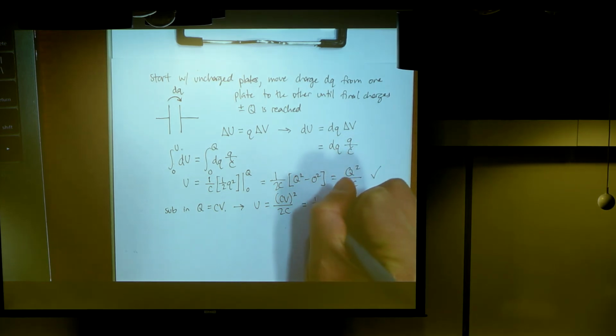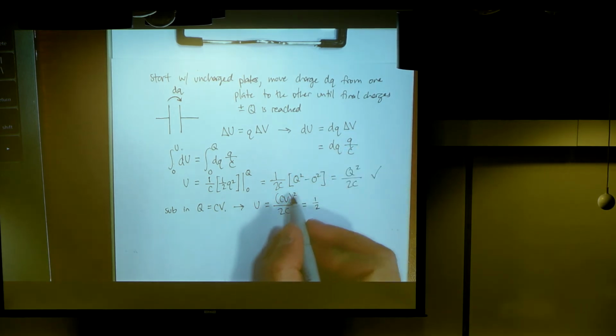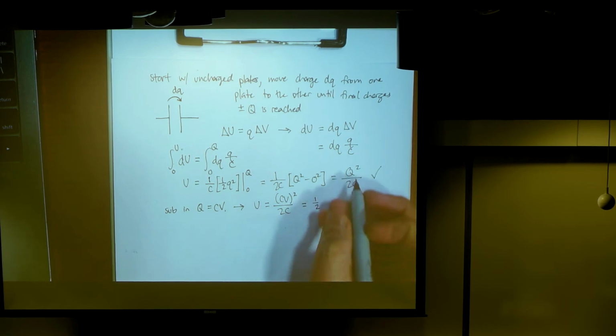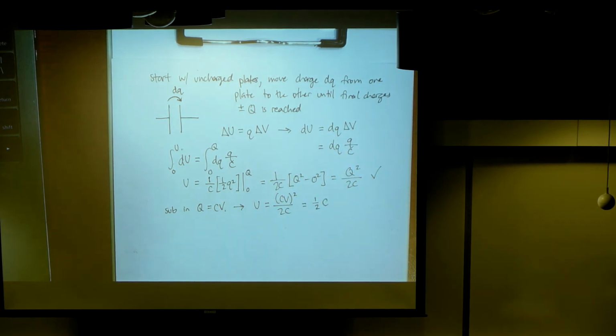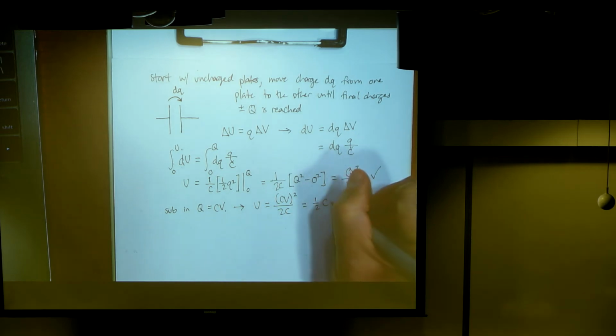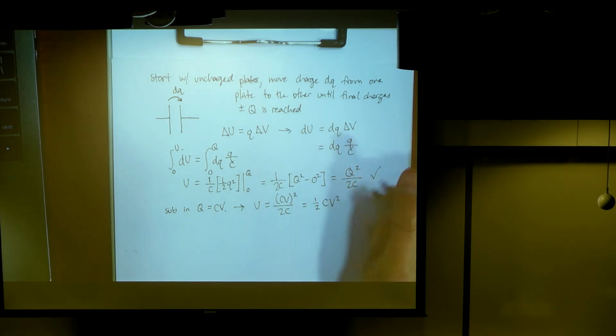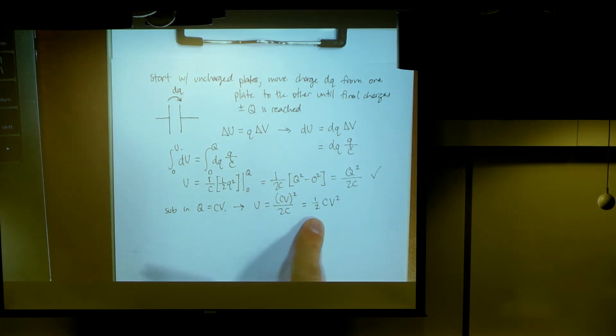So what's that going to give me? It's going to give me a half. I'll have C squared divided by C. That's just one factor of C on top. And then I'll have a V squared in addition to that. So I can also write this as a half CV squared. These are equivalent expressions, keep in mind. It's just a different way of writing the formula out, okay?